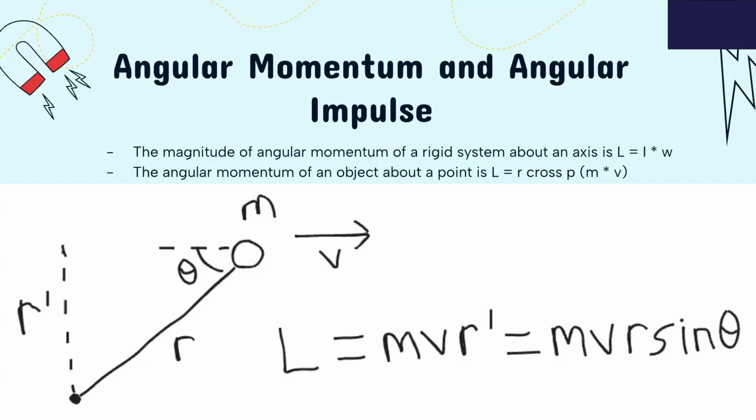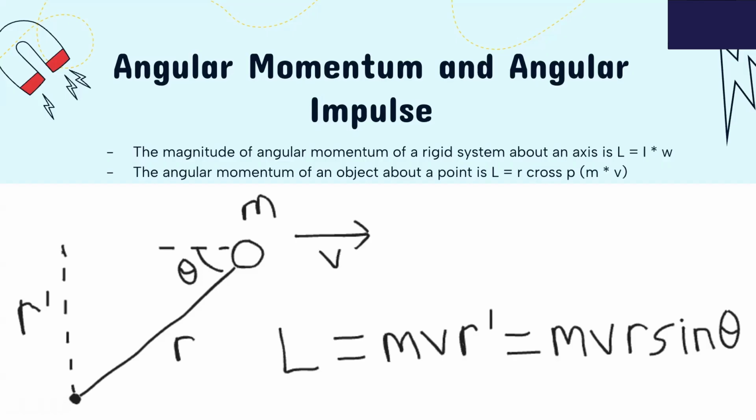Below, I included an image to show what I'm saying. Let's say I drew a dot here at the bottom left. That's the axis we're looking at. And let's say there's a massive object M moving at a velocity v in the east direction, perfectly east, and there's an angle theta between the velocity and the r vector.